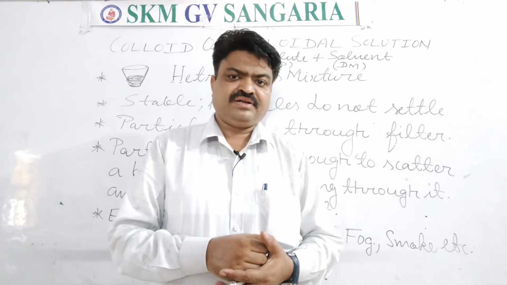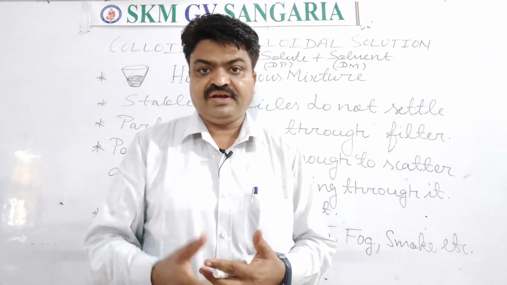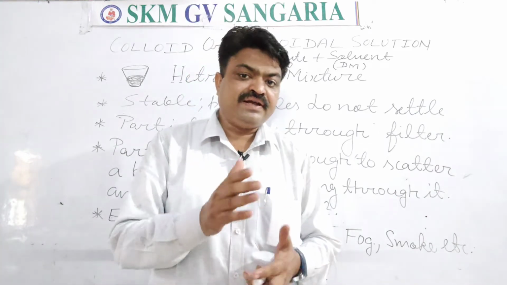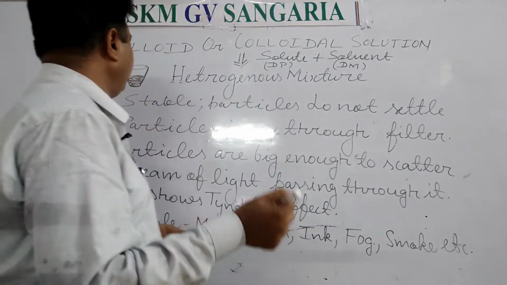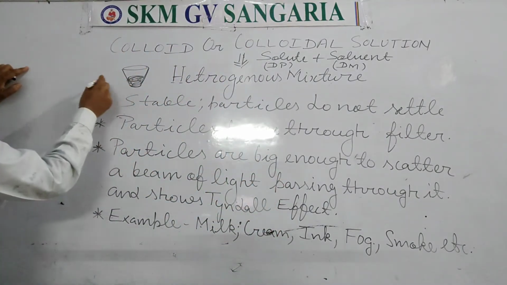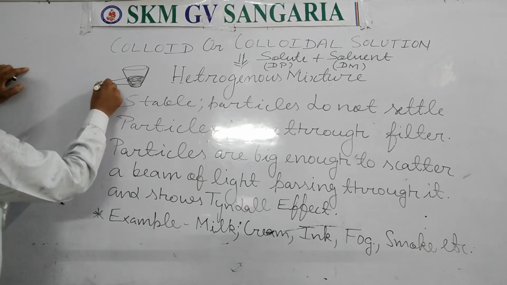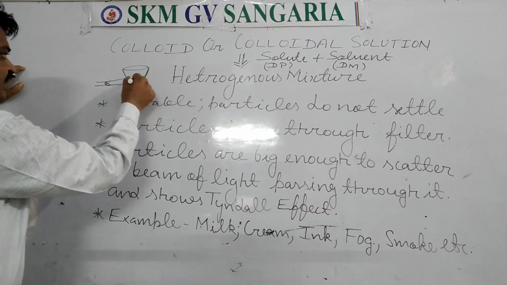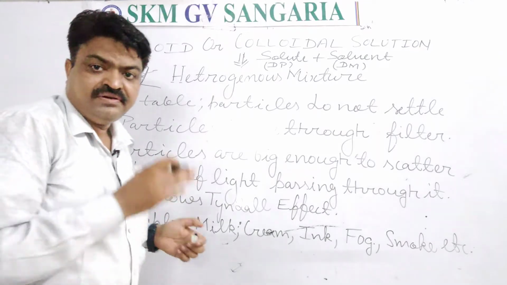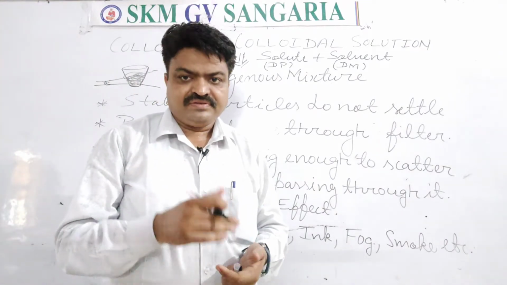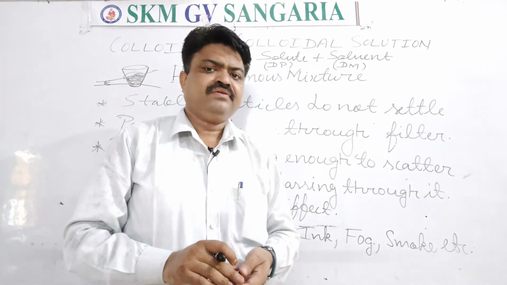The next important characteristic that I have told you is that the colloidal solution shows the Tyndall effect, which is the scattering of light. When a beam of light is passed through the colloid, that light is scattered by the particles, and this effect is known as the Tyndall effect.